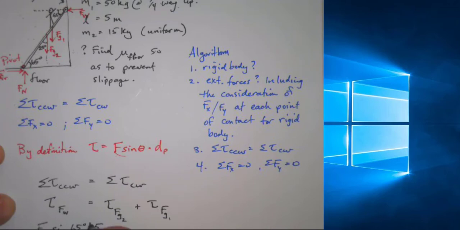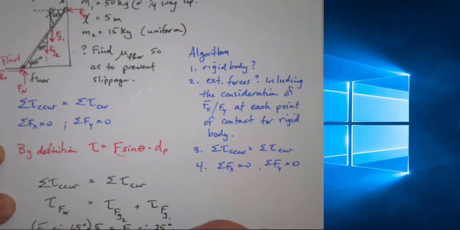Maybe you want to put brackets around this to make sure that things end up going in your calculator the correct way. Fg2, the force, Fg2, times the sine of the angle it makes with the beam, 25 degrees, times the distance from the pivot point.